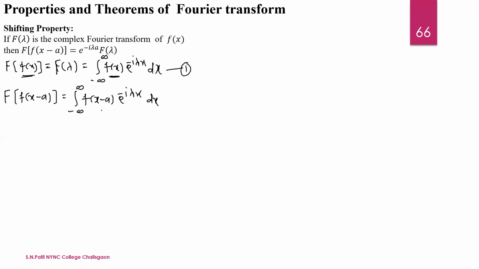Okay, it is the same kind of property as the previous one. There ax was there and we made the substitution ax equal to t. Similarly, we make the substitution x minus a is equal to t. So put x minus a is equal to t, then x is transferred to t, then dx also transfers; differentiating, the derivative of minus a is 0.